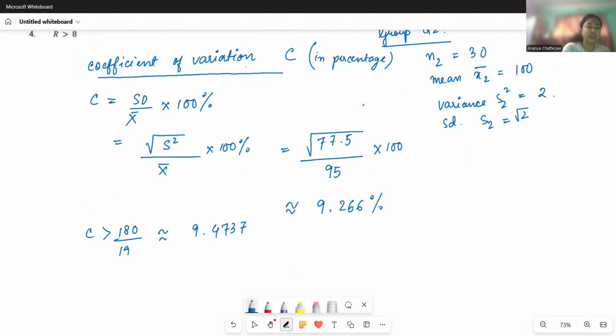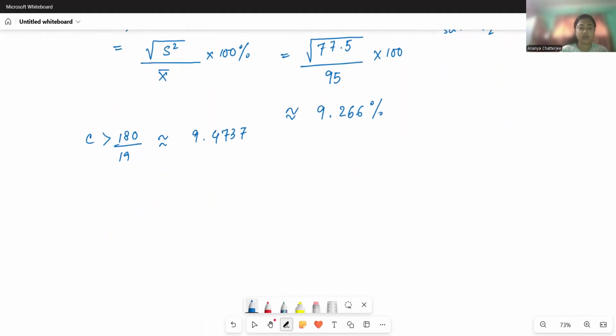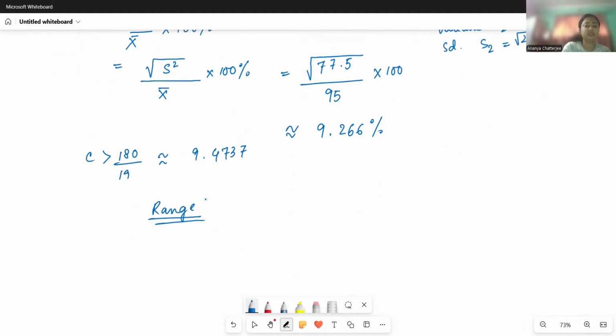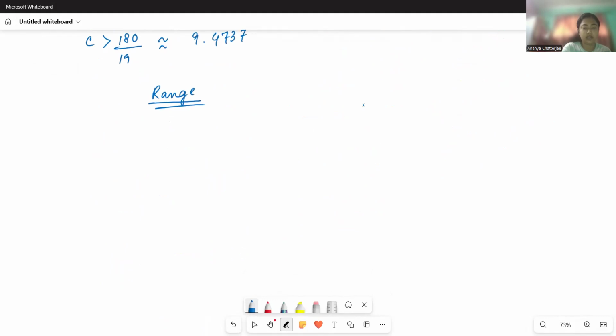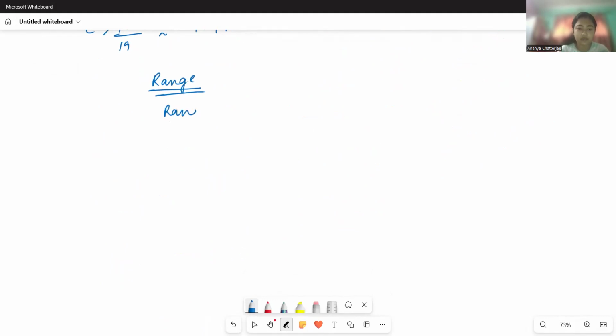Now coming to the range. The range here is given as R greater than 8. Okay, let us find whether it is correct or not. The range can be written as max minus min in the combined set, right? Here we have no individual data, so we can't compute the exact range from the given information.